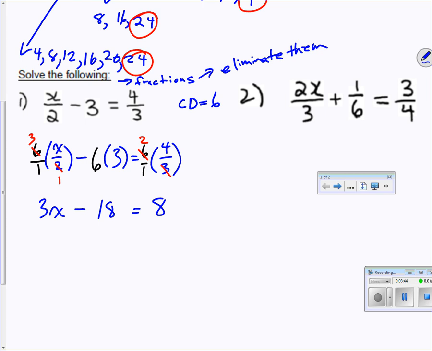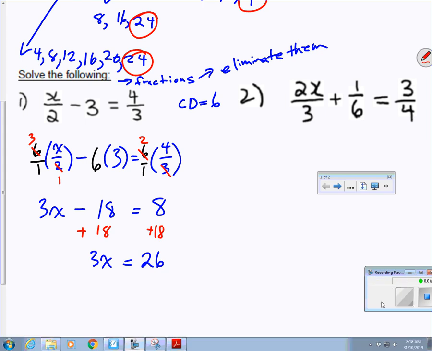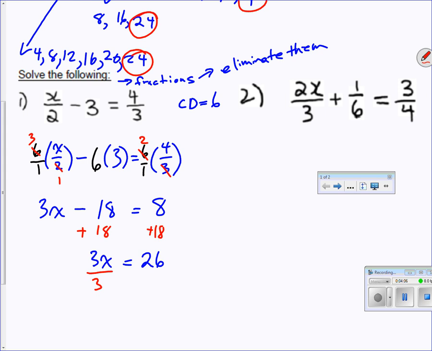Now, all we have to do is isolate x. x is on the left side, so we're going to leave that there, but we're going to get rid of 18 by adding it to both sides, so we end up with 3x is equal to 26. Now we divide both sides by 3 to get x by itself, and we end up with x is equal to approximately 8.7. That's our answer.